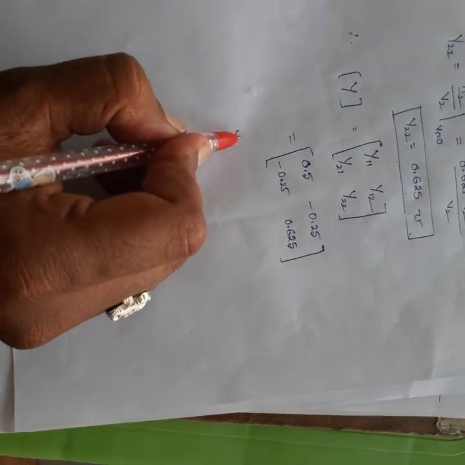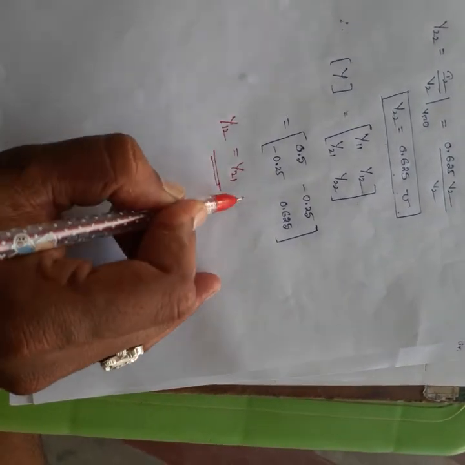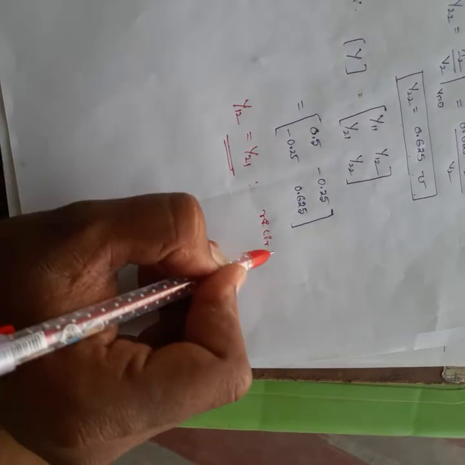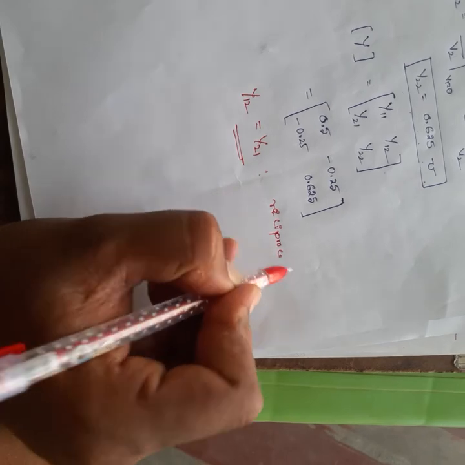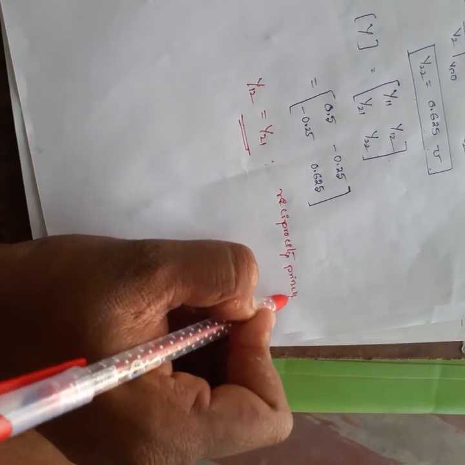Here also Y12 equals Y21. That means it satisfies the reciprocity principle.